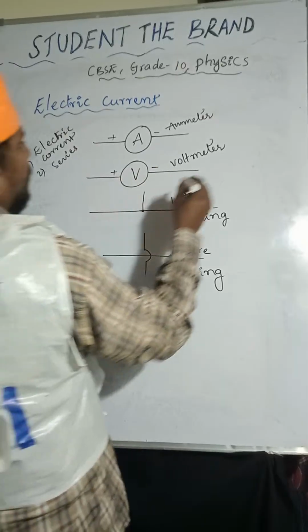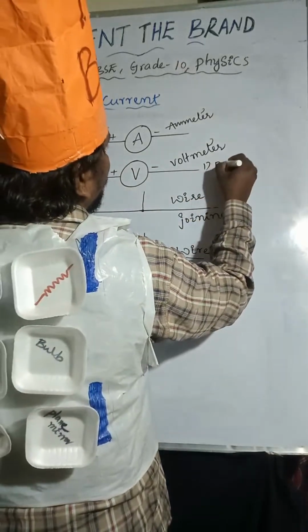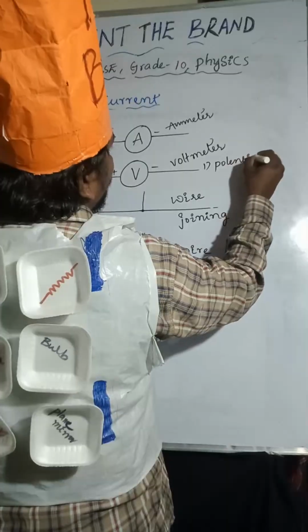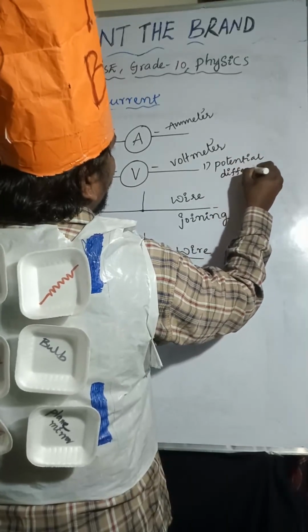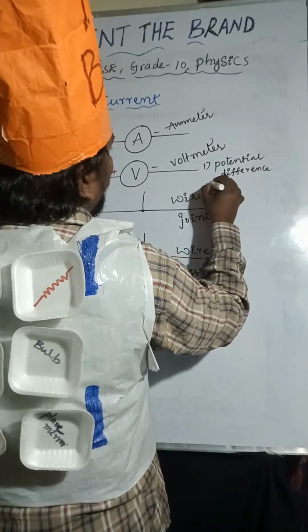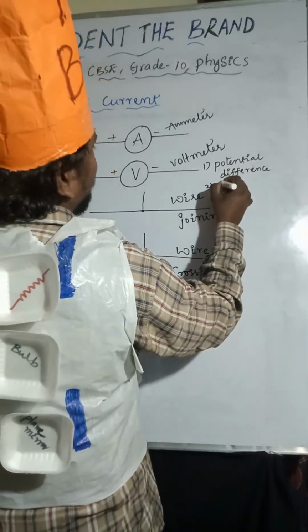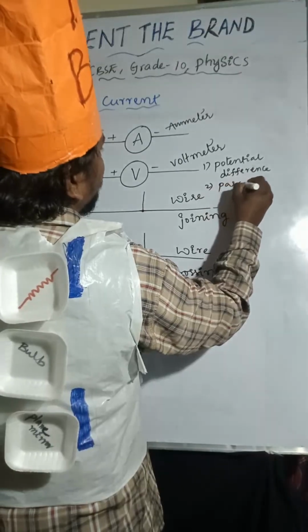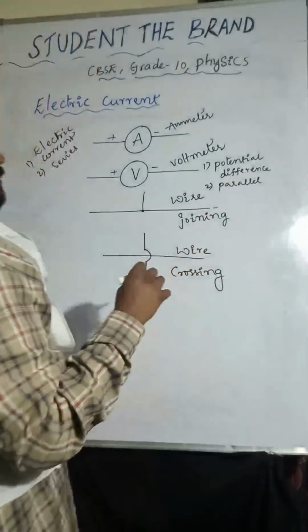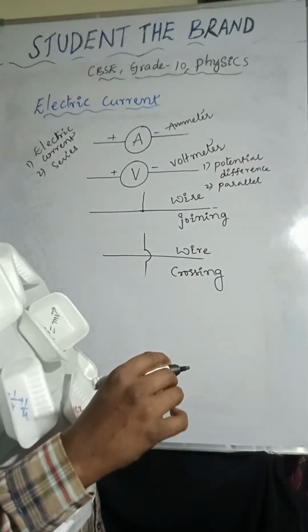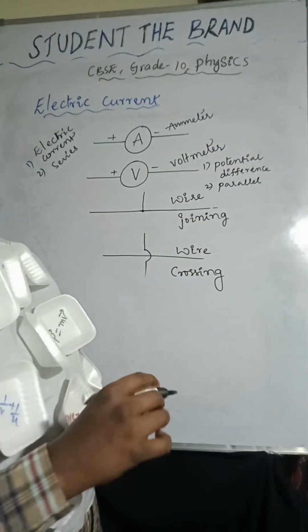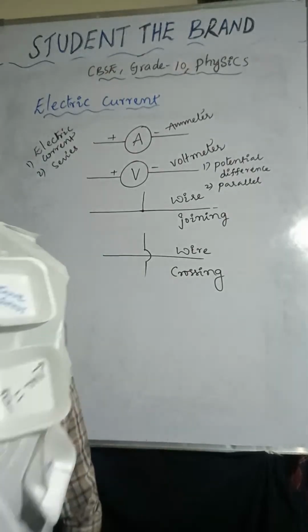Coming to voltmeter, it measures the potential difference. Voltmeter is connected in parallel combination to measure the potential difference. So I hope it is very clear to you all.